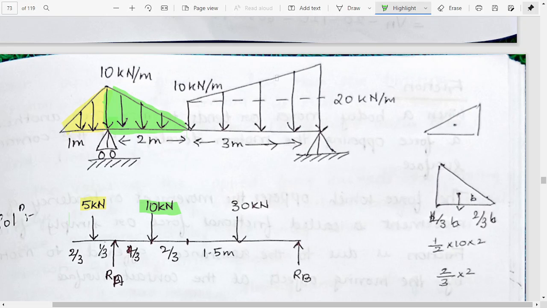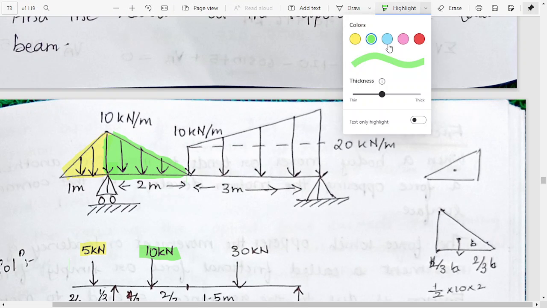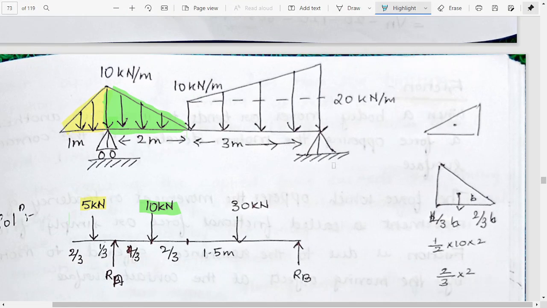Then here we have another triangle. Here it is actually a triangle and a square also. So first we will consider this triangle. We can calculate it as half of 10 into 3, so we get 15 kilonewton.